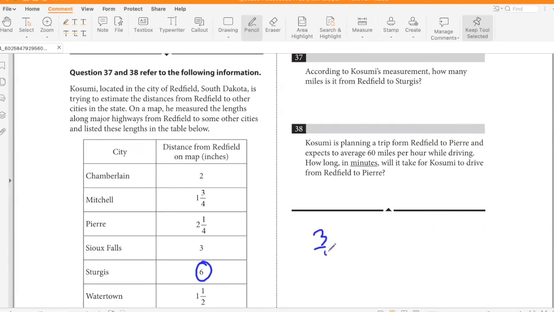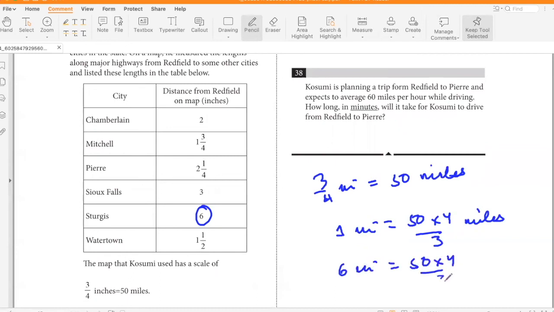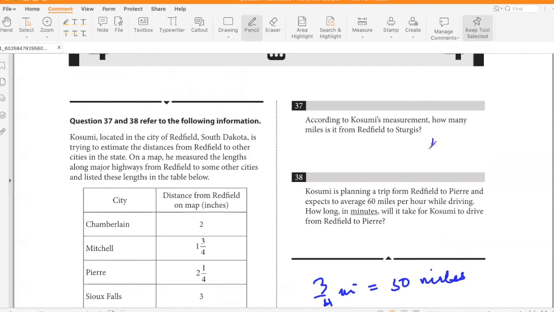So 3/4 of an inch is 50 miles, right? So 1 inch will be 50 into 4 by 3 miles. So 6 inches would be 50 into 4 by 3 into 6 miles. So that's 4 into 2, 8 into 5, 40. So 400 miles.